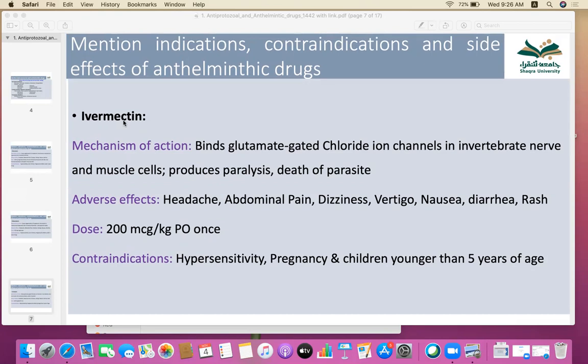It is generally given to manage the COVID-19 infection. Ivermectin is a drug generally manufactured by pharmaceutical industries.